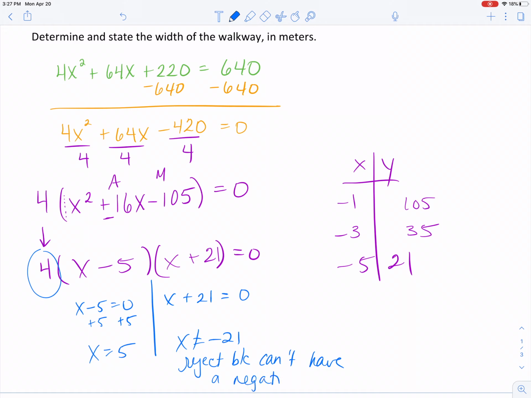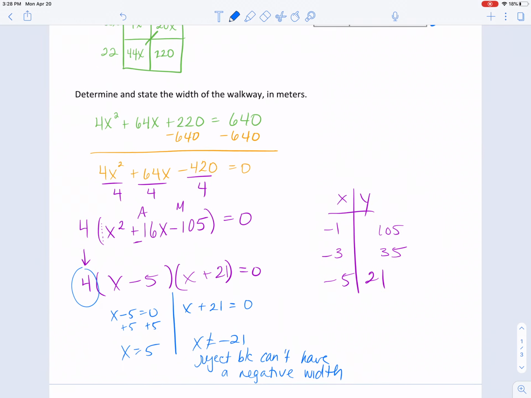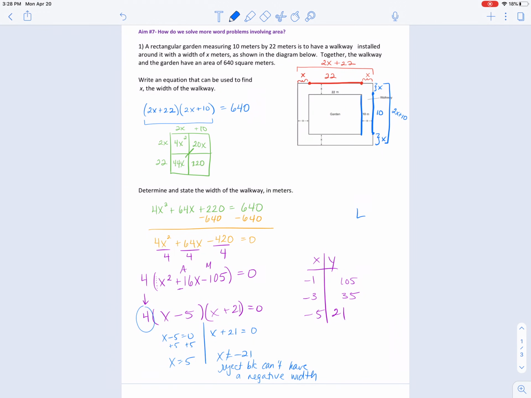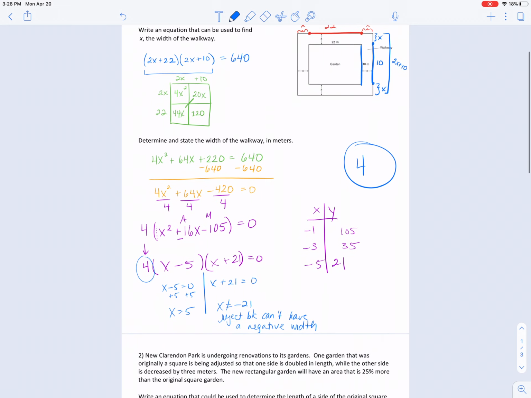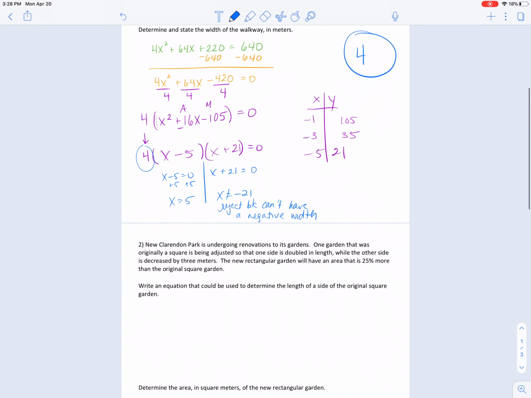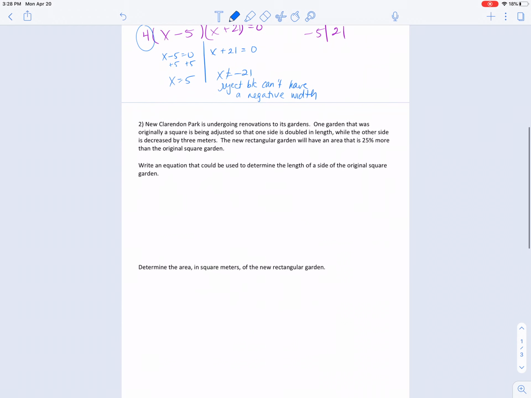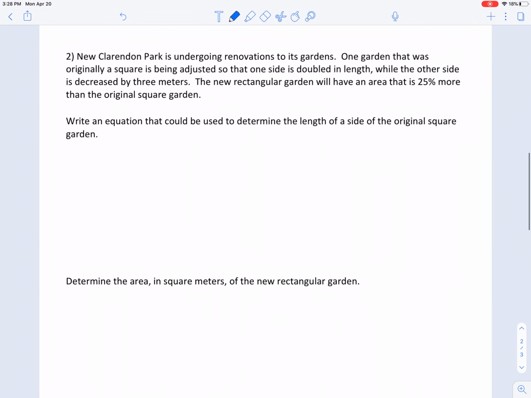It's asking for the width of the walkway. So the answer is 5. That's it. Let's try the next one, which again is going to be something surrounded by a border.